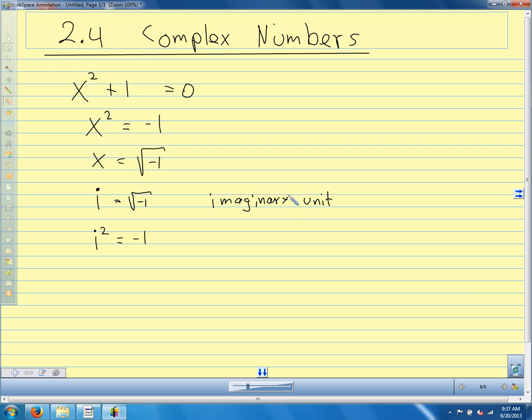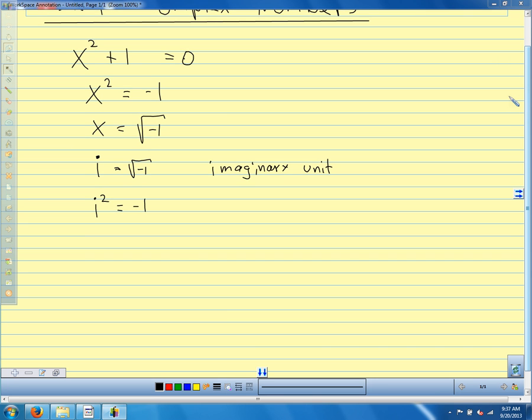So we have this imaginary unit. So i is the square root of negative 1. We combine it with real numbers to come up with complex numbers. And complex numbers are numbers that we can write a plus bi, and we call this standard form.